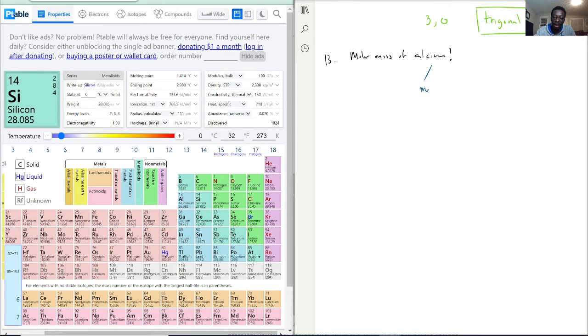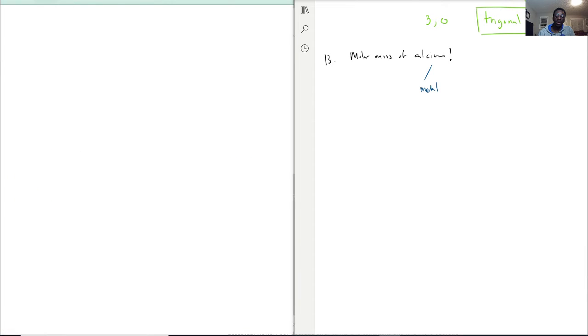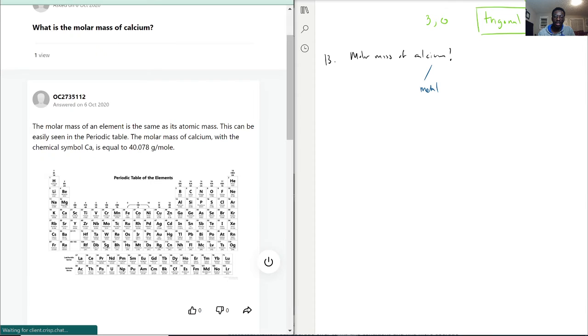Specifically, it's in the alkali metals right here. And we can actually use the periodic table that's listed down here. You can see calcium right there. It's a little bit small, but where my mouse is, it's the 20th element on the periodic table.